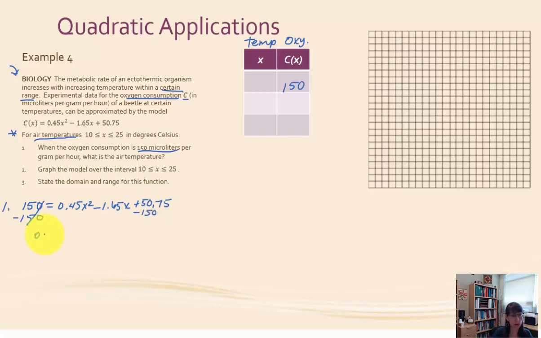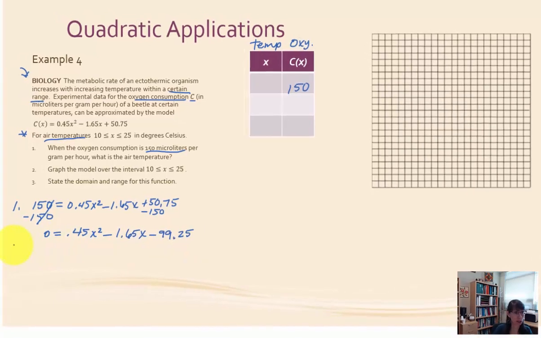That leaves us 0 equals 0.45x squared minus 1.65x, and when we subtract 150 from 50.75, we're going to have negative 99.25. We'll use the quadratic formula to solve this quadratic equation.